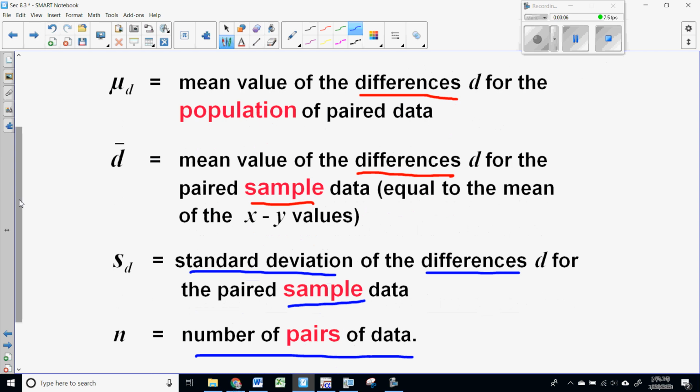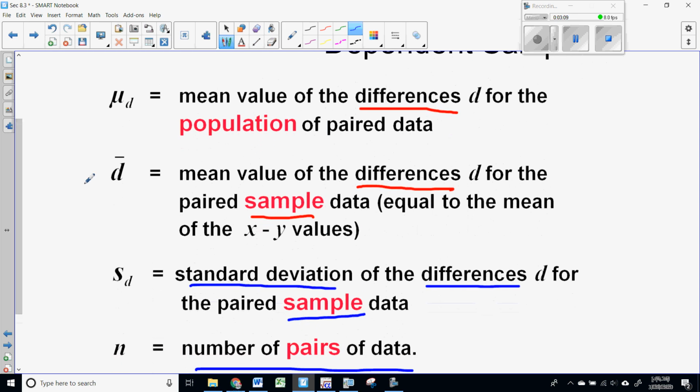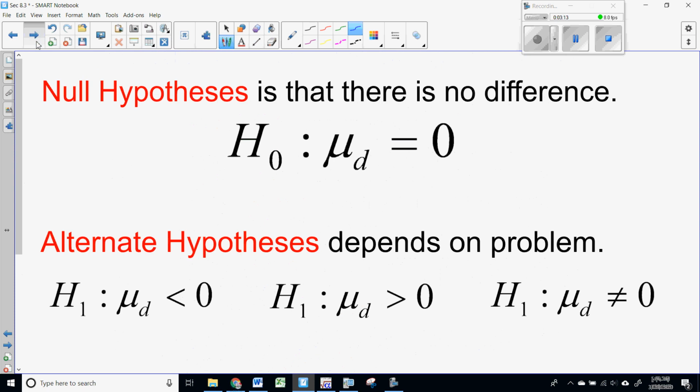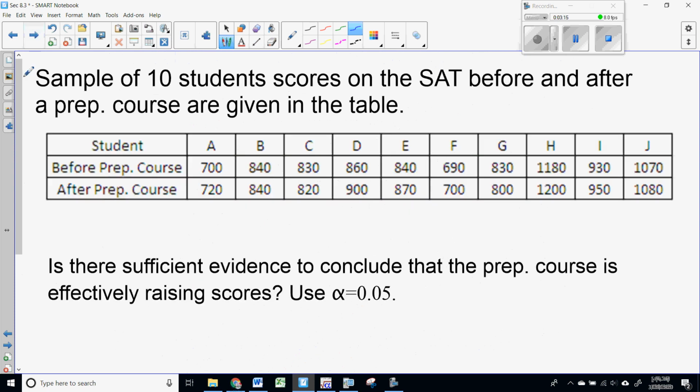So let's look at an example and talk about these different variables and how they work. A sample of 10 student scores on the SAT before and after a prep course are given in the table. So we have what these 10 people's scores were before the prep course, and then after the prep course, what these 10 people's scores were.